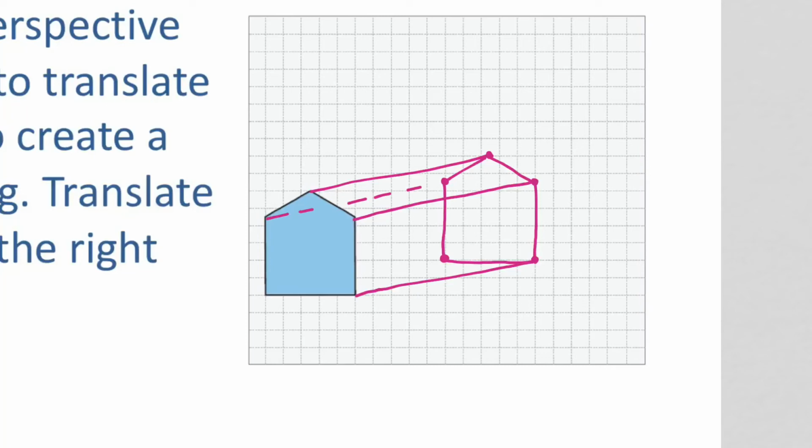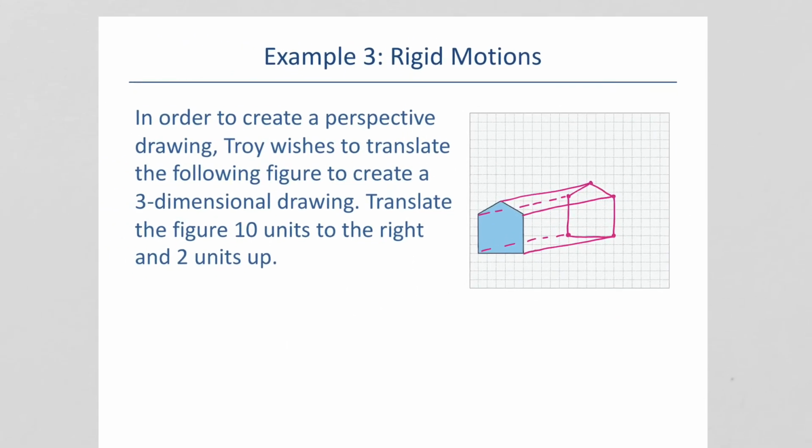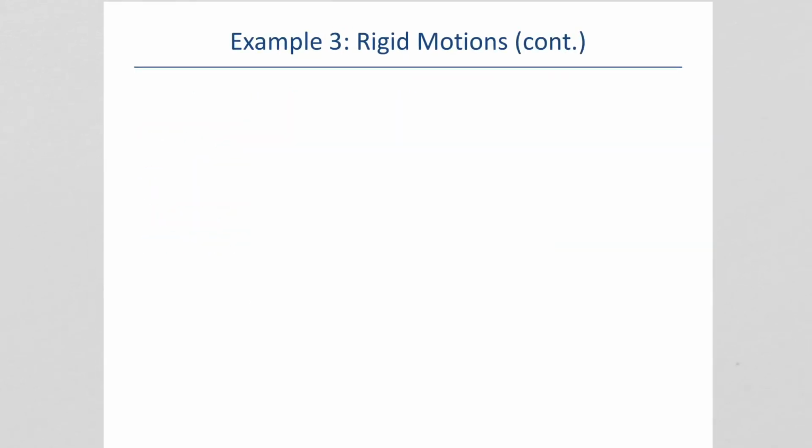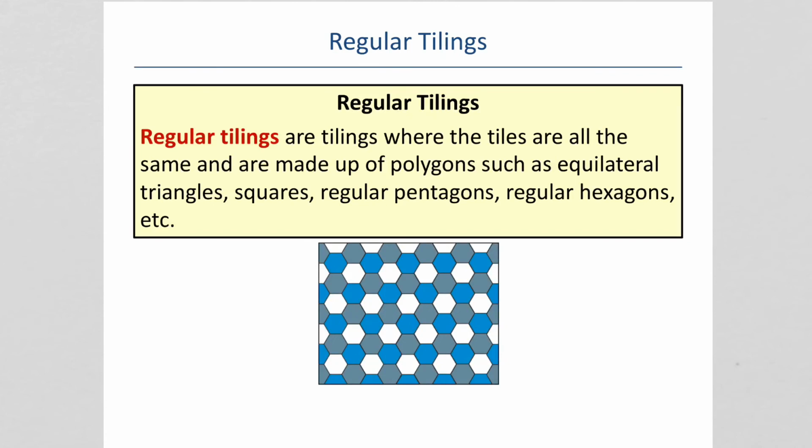This one you wouldn't be able to see, so that's why I'm doing it diagonal or dashed. So there would be our three-dimensional figure. Oh, there it was bigger.